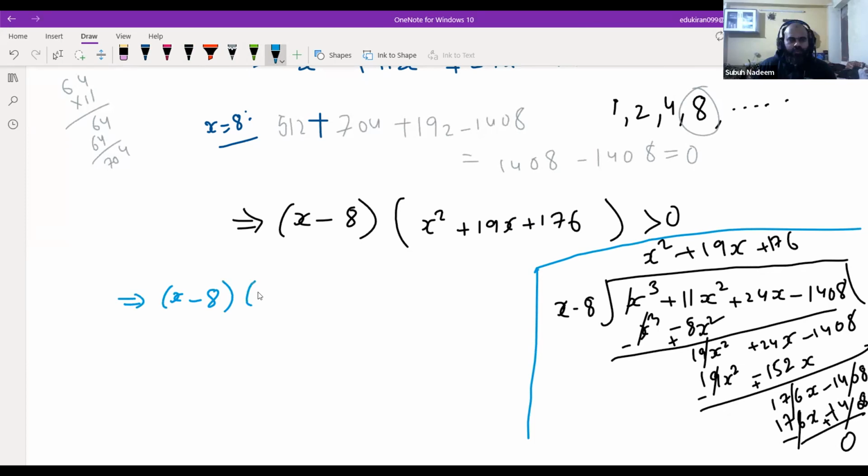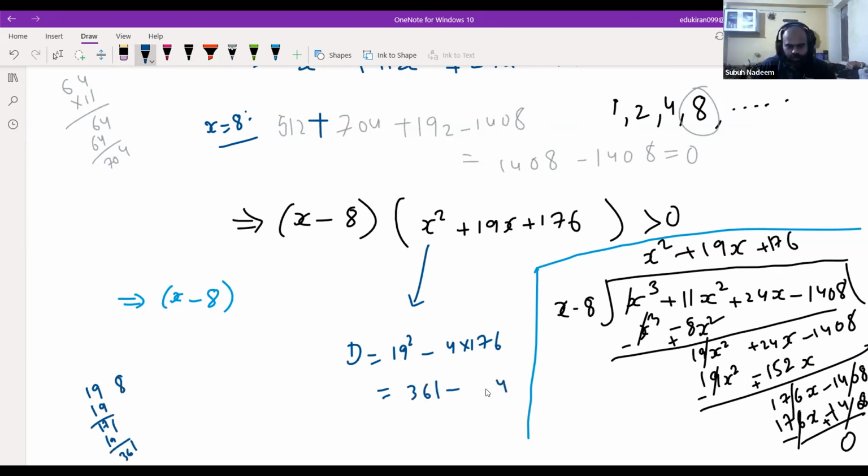If you factorize the middle term, it cannot be factorized, I think, because its discriminant, if you see, 19 square is 361 and 4 into 176 is 704.